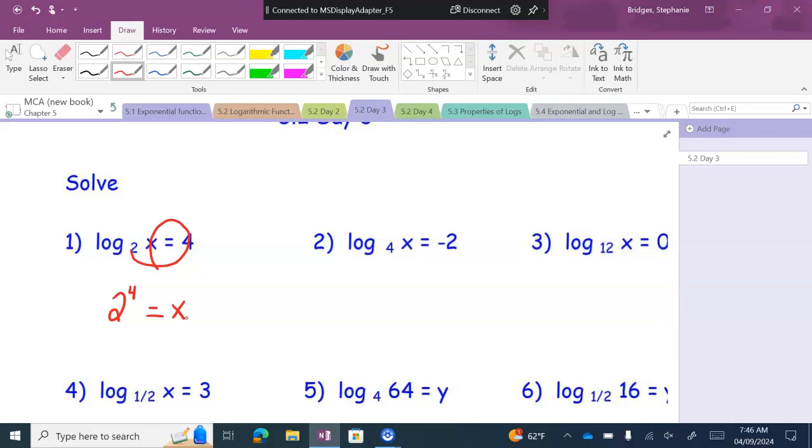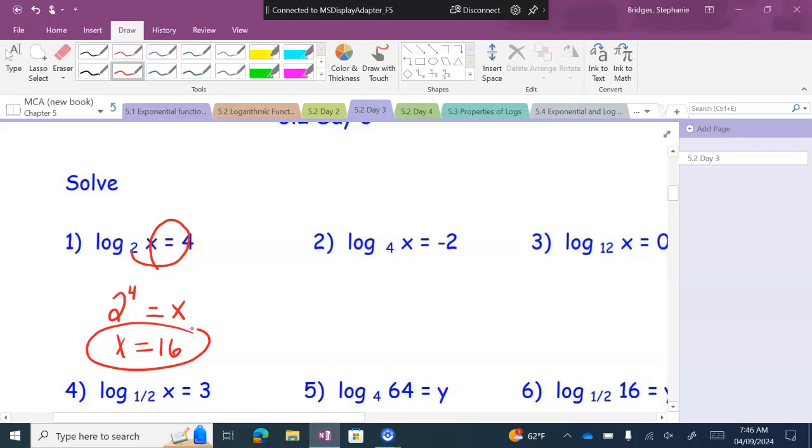I don't have to solve for x because it already tells me what x is equal to. I just have to simplify that value. So what is 2 to the 4th power? 16. So guess what x equals? 16.